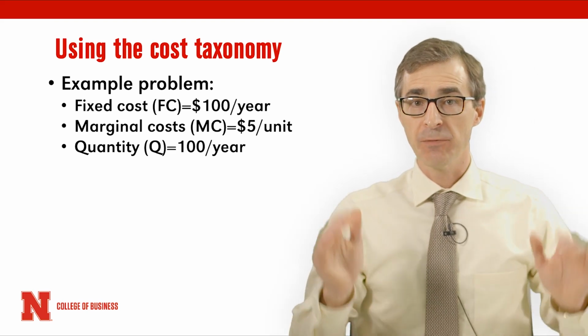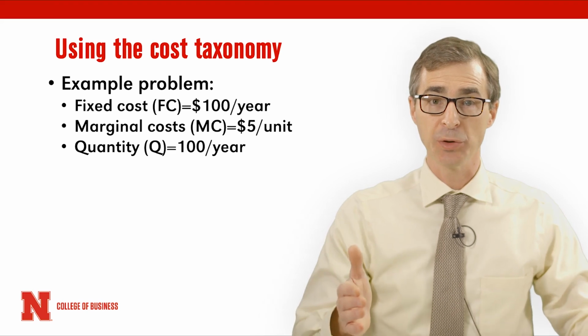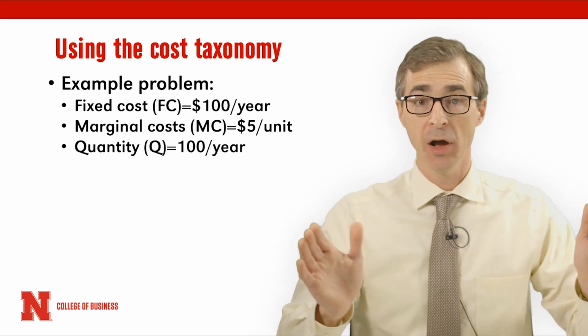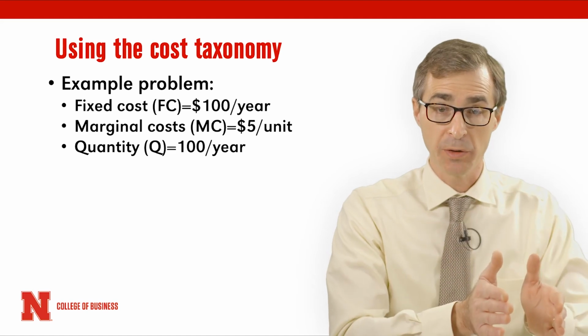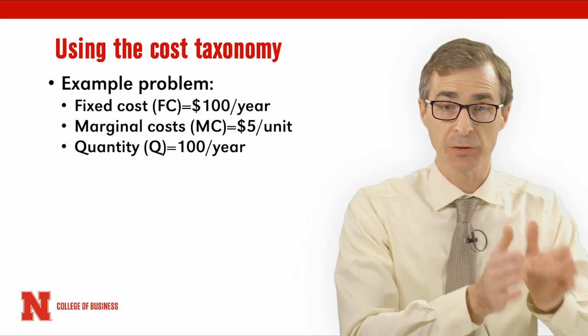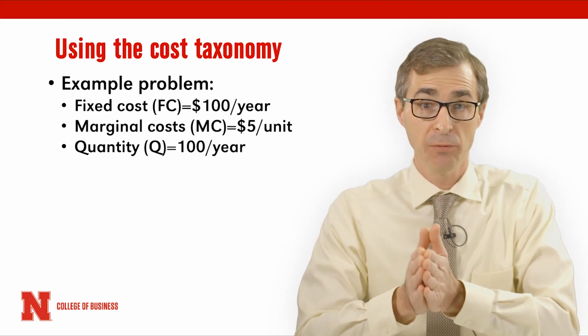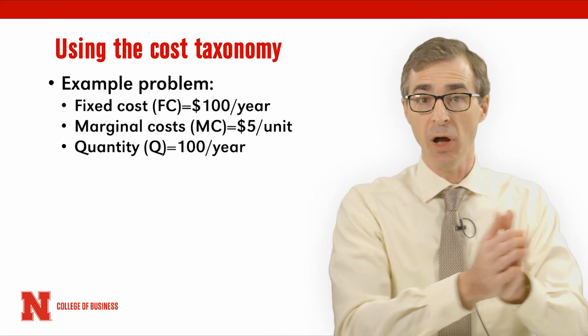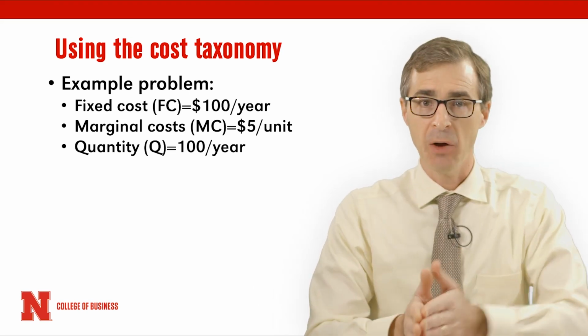In addition, the firm is incurring marginal costs of $5 per unit. Now, those costs are avoidable right now. If I make one more unit of the product, I incur $5 additional of marginal expense. If I decide not to make that product, then I avoid that cost. So this marginal cost, a per unit cost, is avoidable now and into the future.